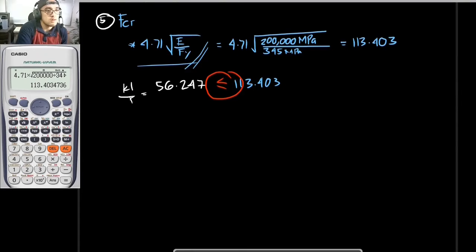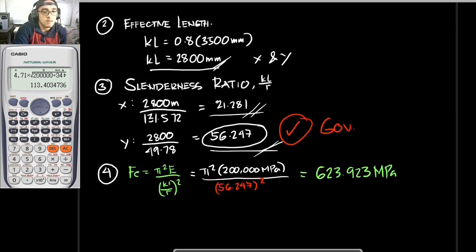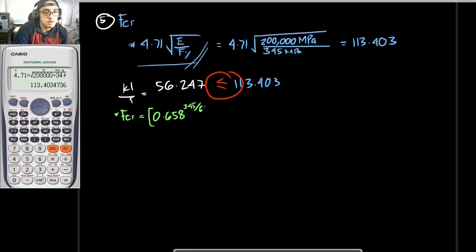Okay, green na lang na naman tayo. For FCR, that is equal to 0.658, lagyan natin ng bracket yan, raised to Fy over Fe. What would be our Fy? That would be 345 divided by, ano yung Fe natin? That is 623.923, times Fy, which is 345.